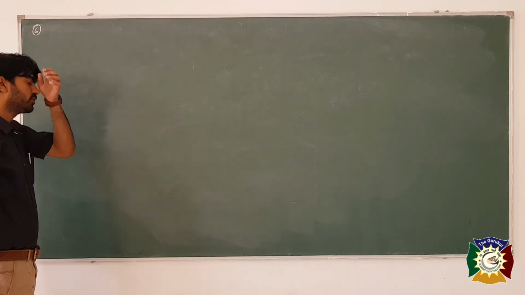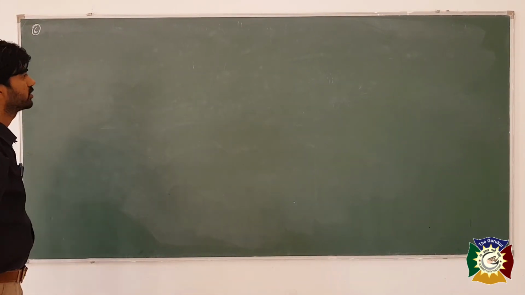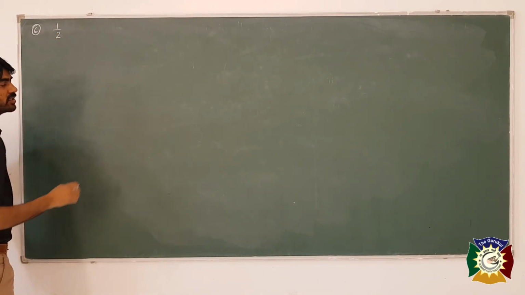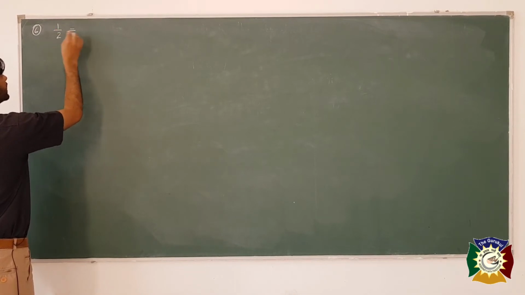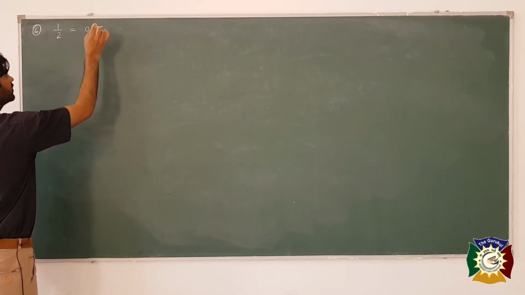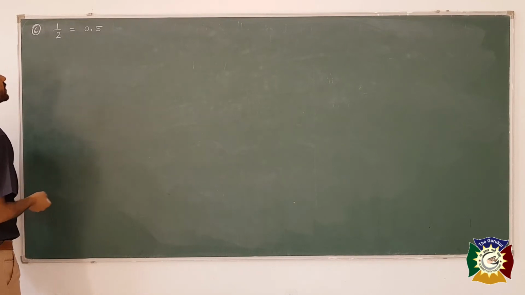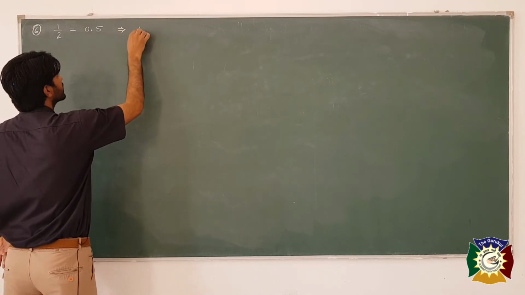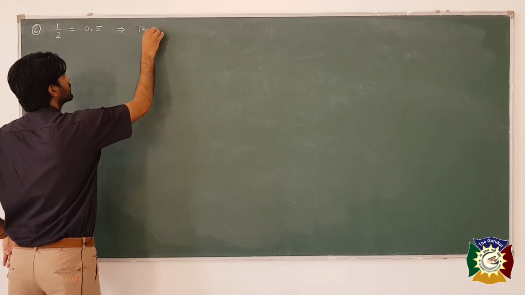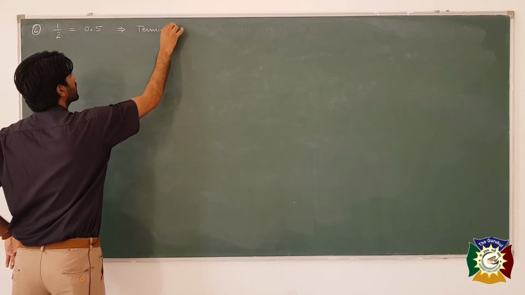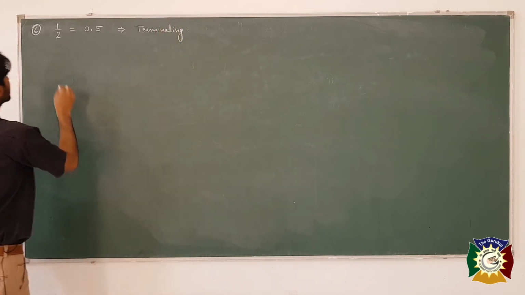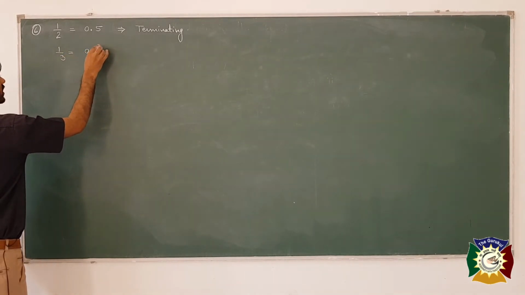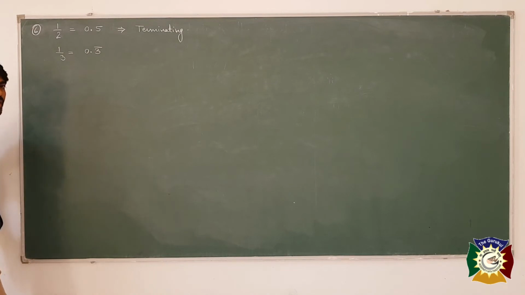Okay. We have to take several examples. So let us start by taking some examples. I am taking 1 divided by 2. It is 0.5. We know this thing. So it is terminating. Okay. 1 divided by 3, it will be 0.3333, so it will be 0.3 bar.